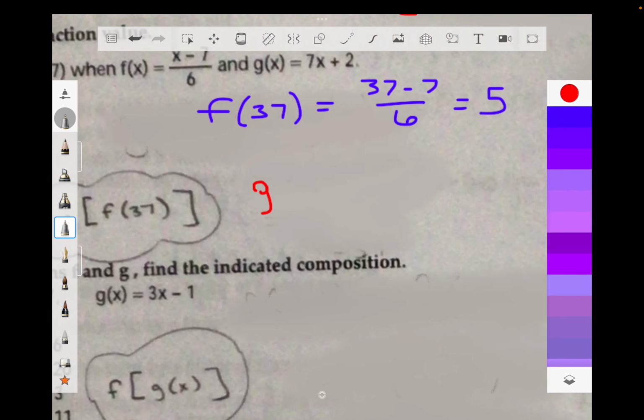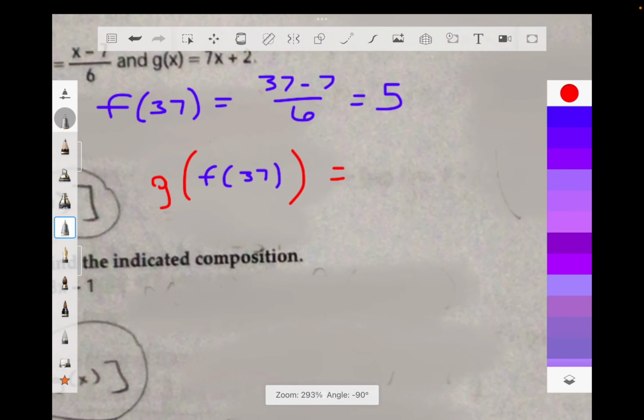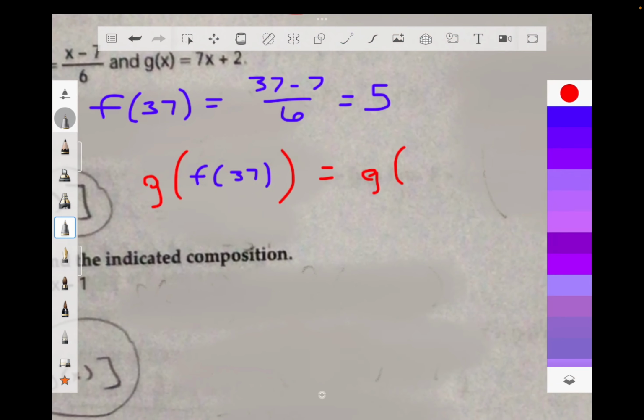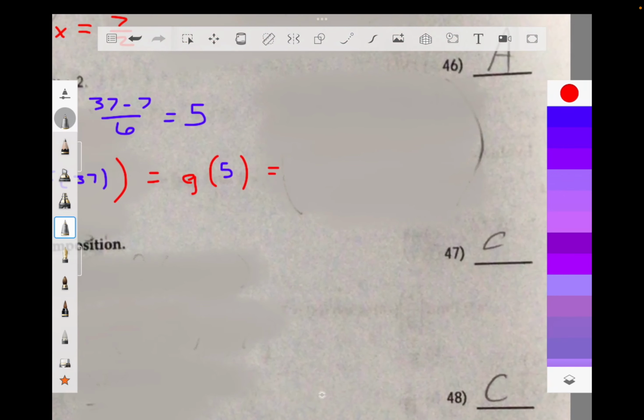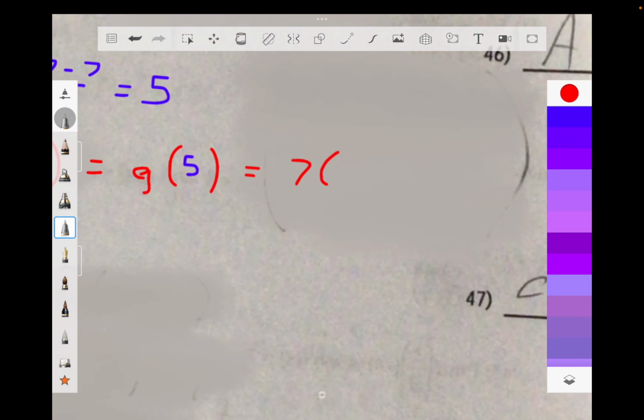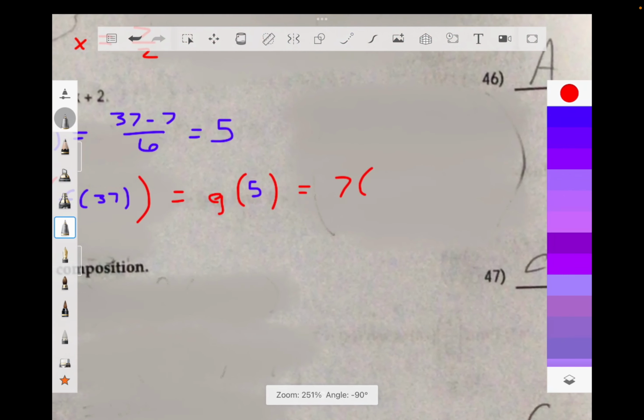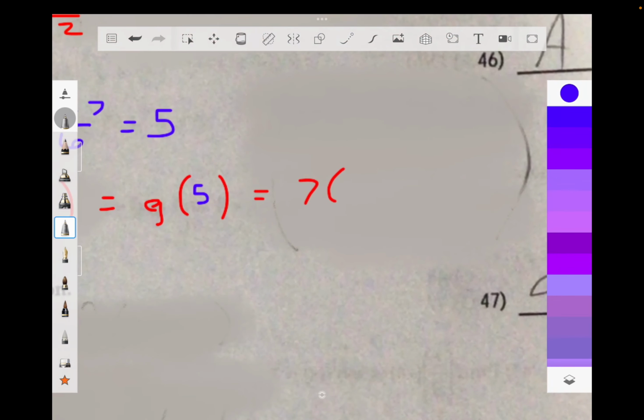So g of f of 37 is equal to g of 5, which is equal to 7 times 5 plus 2.